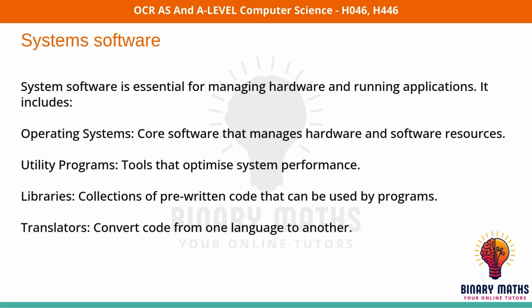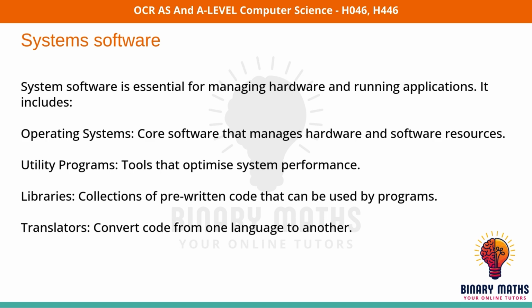System software is the backbone of any computer. It is essential for managing hardware and running applications. Without system software, our computers would not be able to function. System software includes several key components. Firstly, we have operating systems.